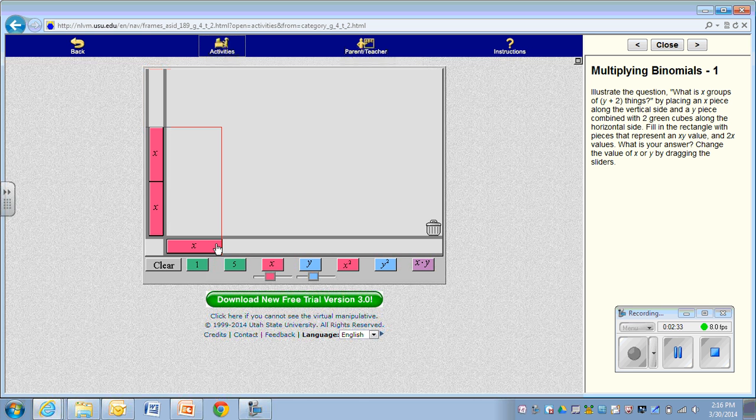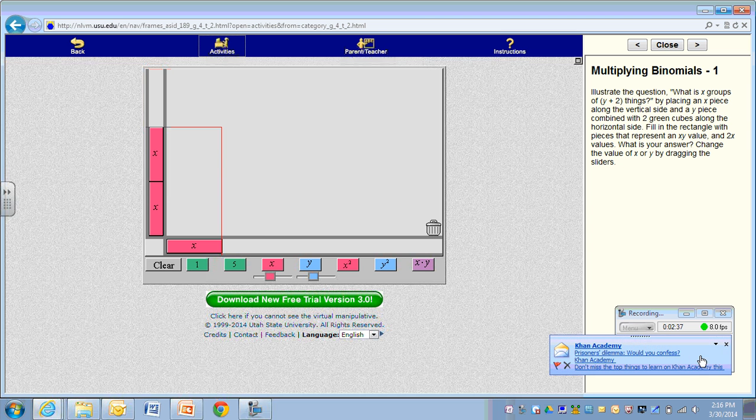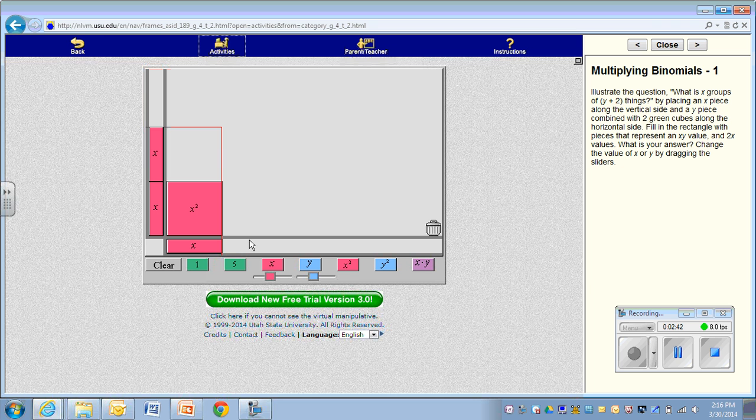So here I'm doing x times x. X times x is x squared, which fits right there. And then I'm doing this x times this x for another x squared, which fits right there. So x times 2x gives me 2x squared.